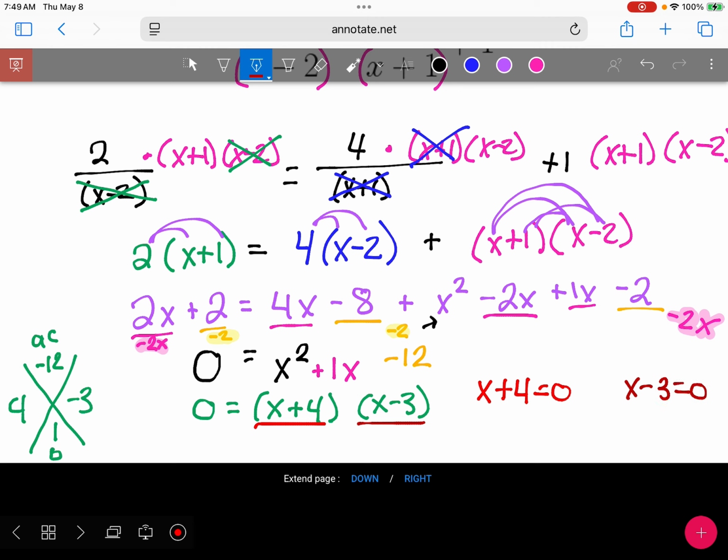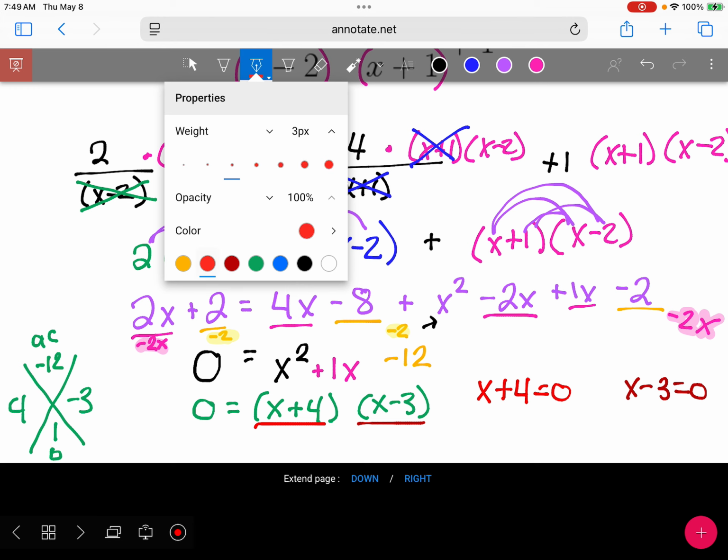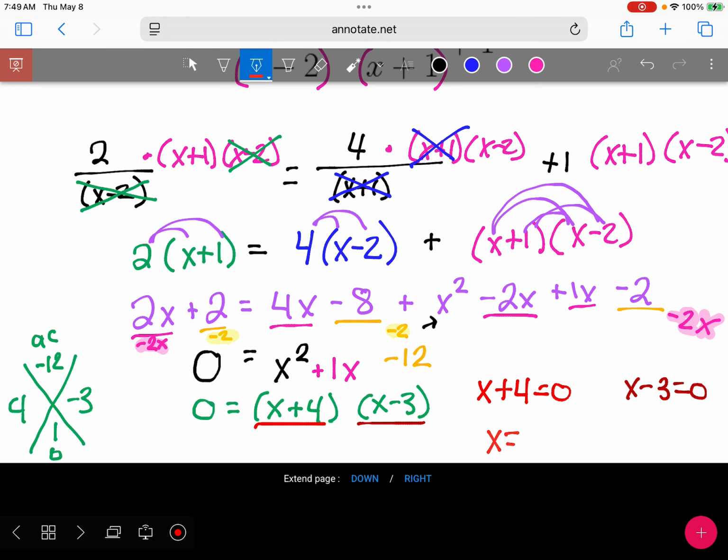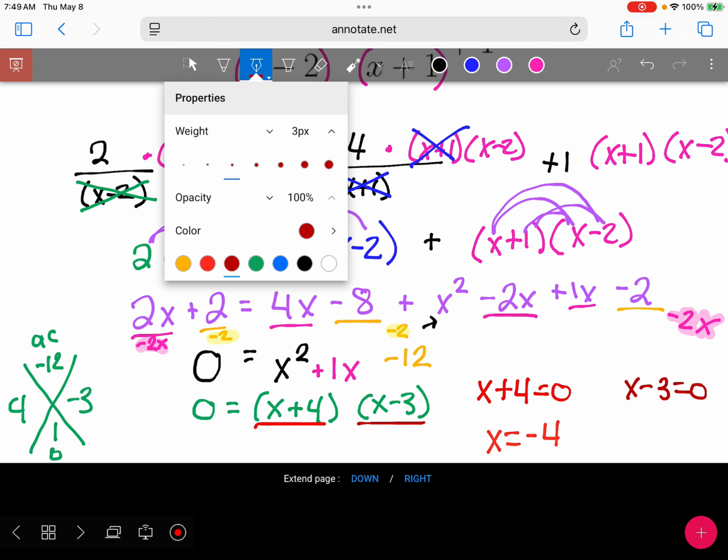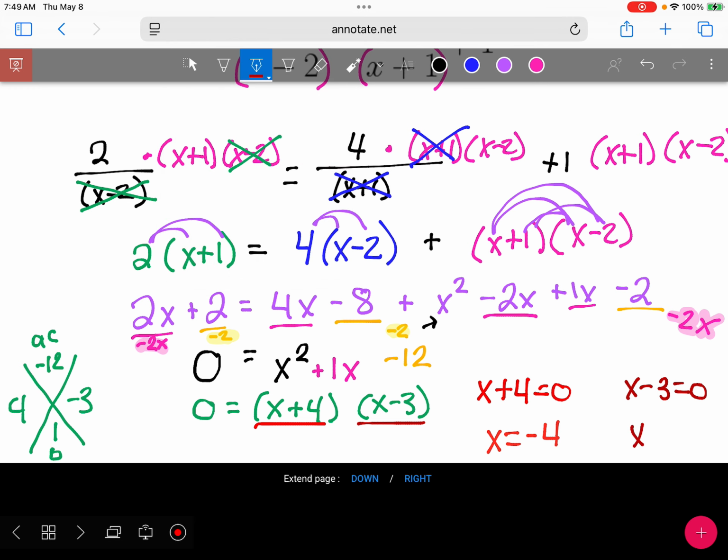So with x plus 4 equals 0, what is x going to equal? Negative 4. And how about for our x minus 3? Positive 3.